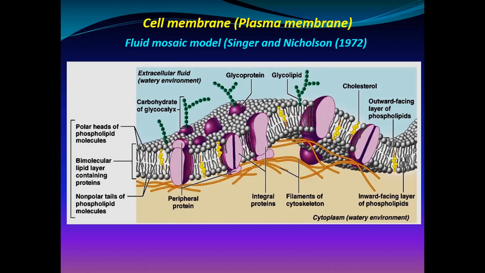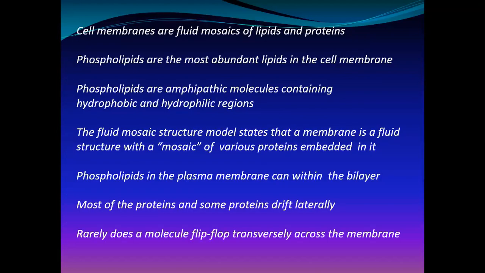That is why we call it the fluid mosaic model. Okay, right. So cell membranes are fluid mosaics of lipids and proteins. Phospholipids are the most abundant lipids in the cell membrane. Phospholipids are amphipathic molecules.